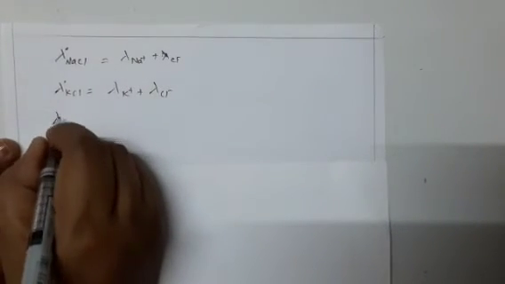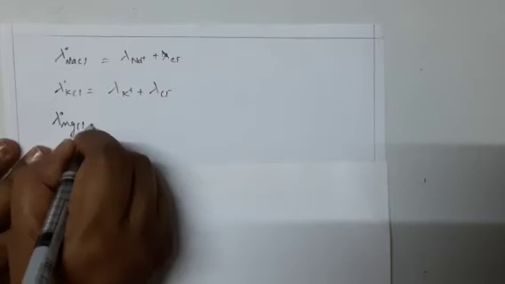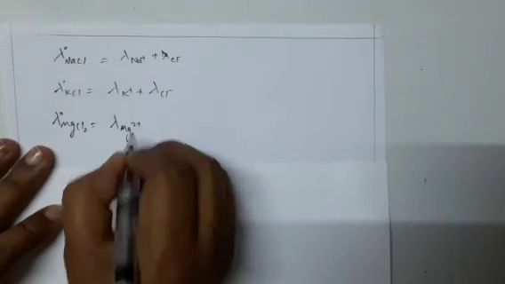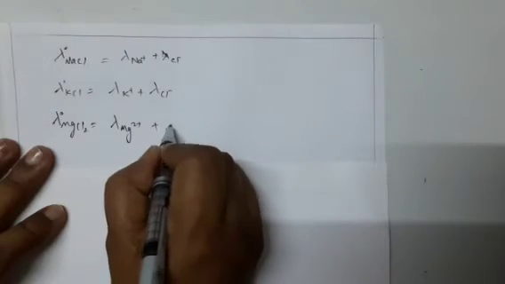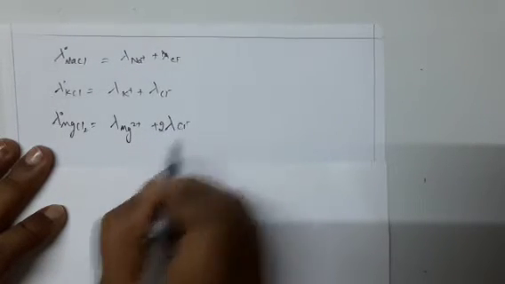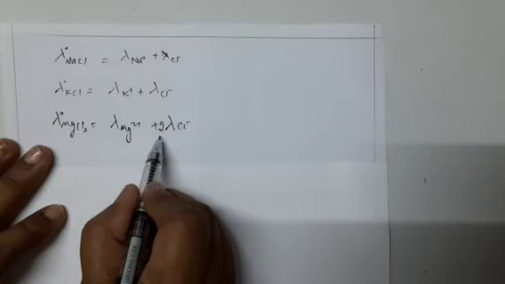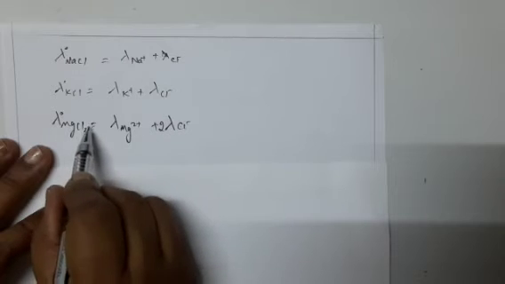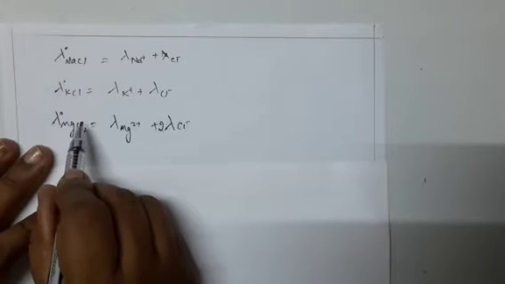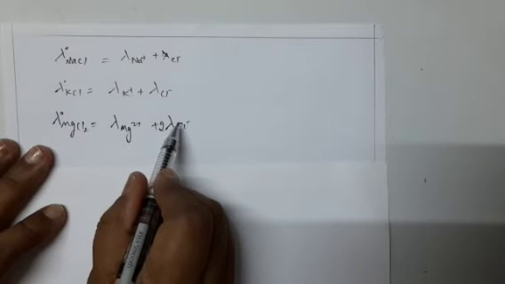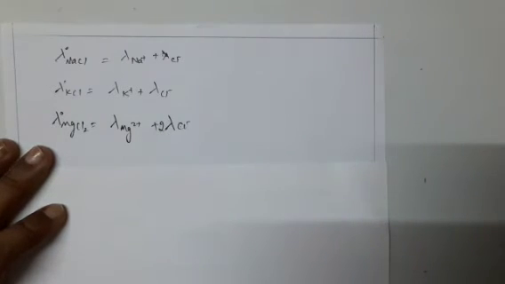Similarly, lambda MgCl2 means lambda Mg2 plus plus 2 lambda Cl minus. Why are we taking 2 lambda Cl minus? Because here 2 chloride ions are present, so that's why we take 2 lambda Cl minus. So molar conductivity we can calculate like this.